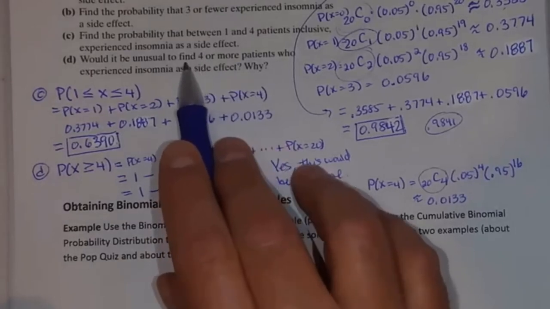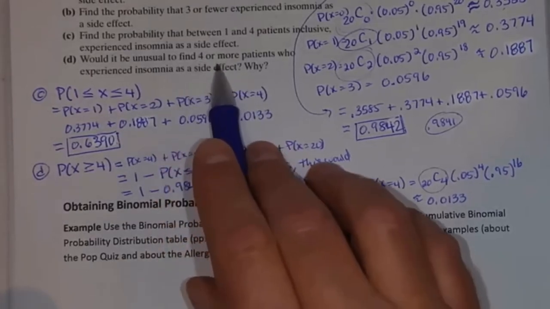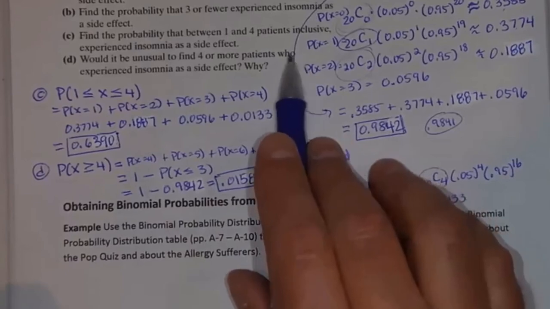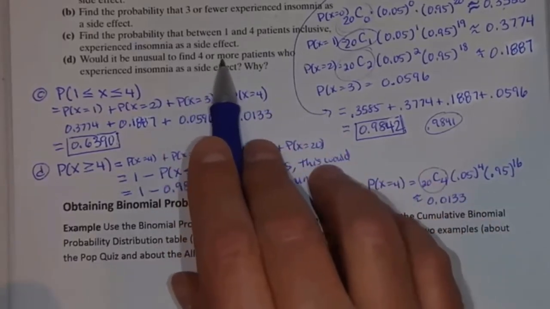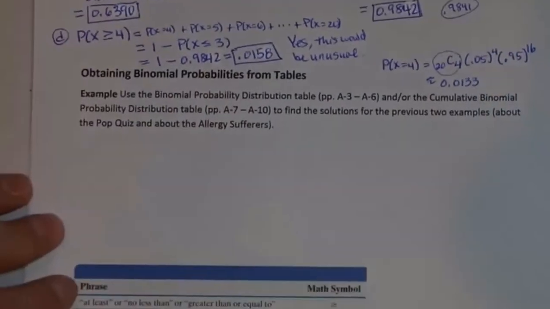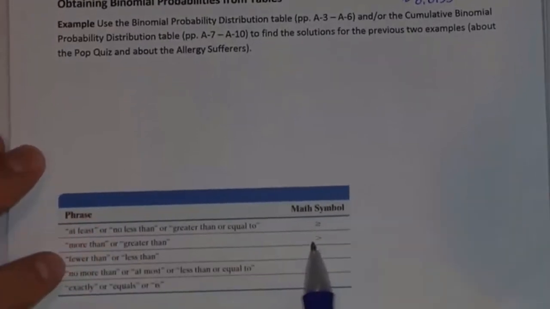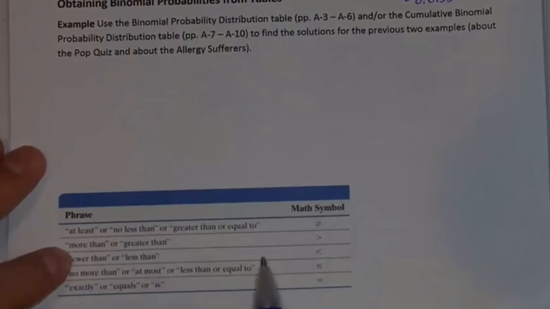I could say, would it be unusual to find at least 4 patients who suffer insomnia as a side effect? That means the same question. If it's just more than or greater than, there's no equals to on that.